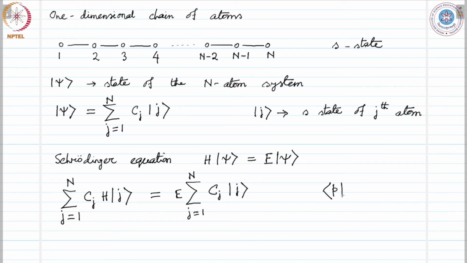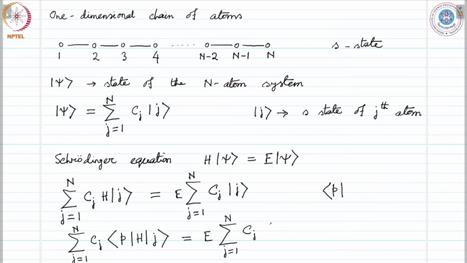If we multiply this, that means we are projecting these states on the state p, and this eigenvalue equation can be represented as sum over j equals 1 to n, Cj, p H j, equals, the right hand side is E times sum over j equals 1 to n, Cj, p j, the inner product of p and j.